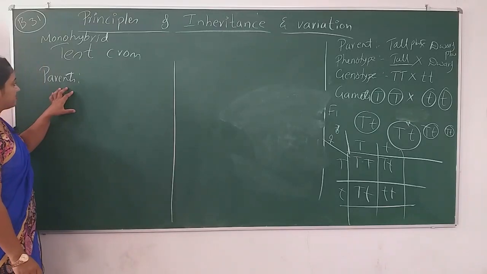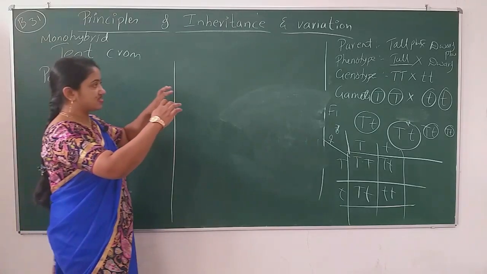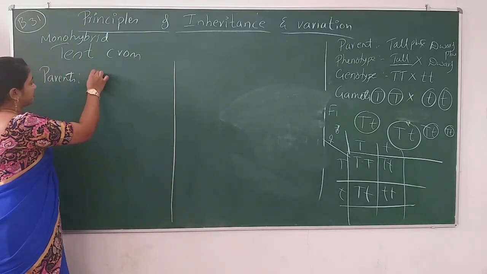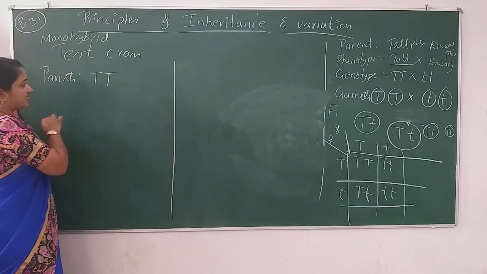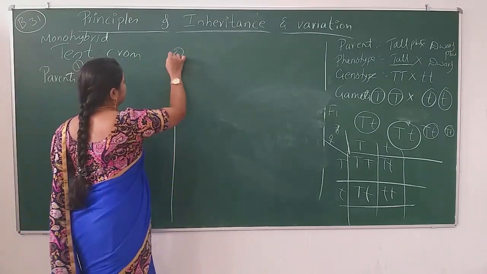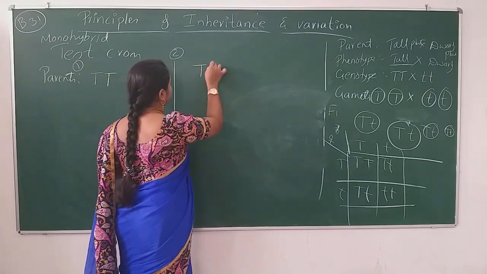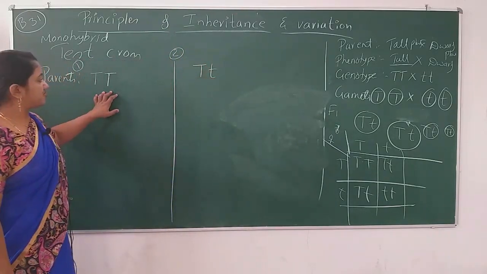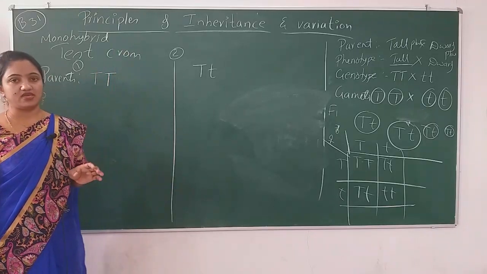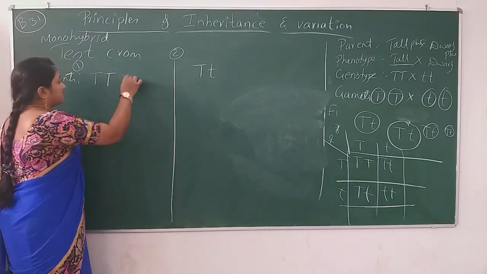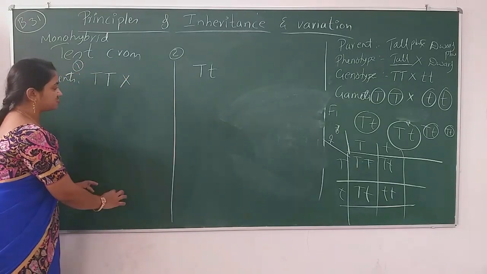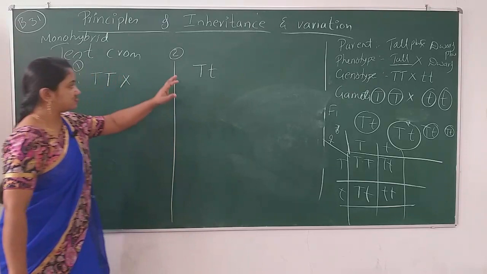For the testing, we are selecting both the possibilities: purebred and heterozygous. This is possibility number 1 and this is possibility number 2. In the physical appearance, these two parents appear tall in nature. Once I finish this one, I will go to the other possibility.